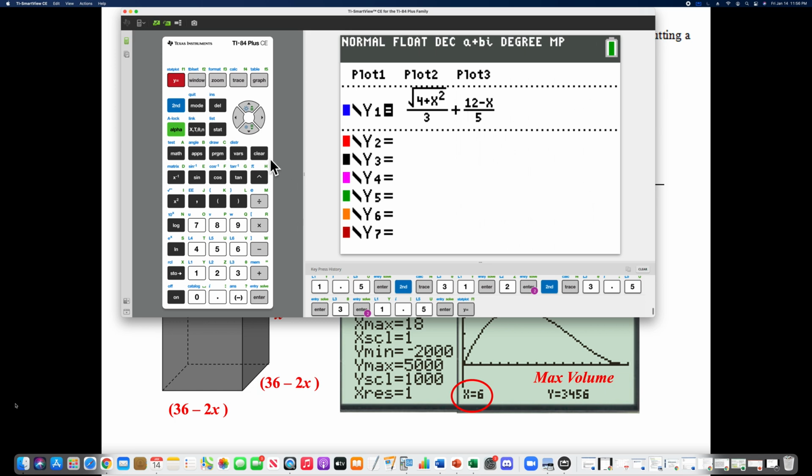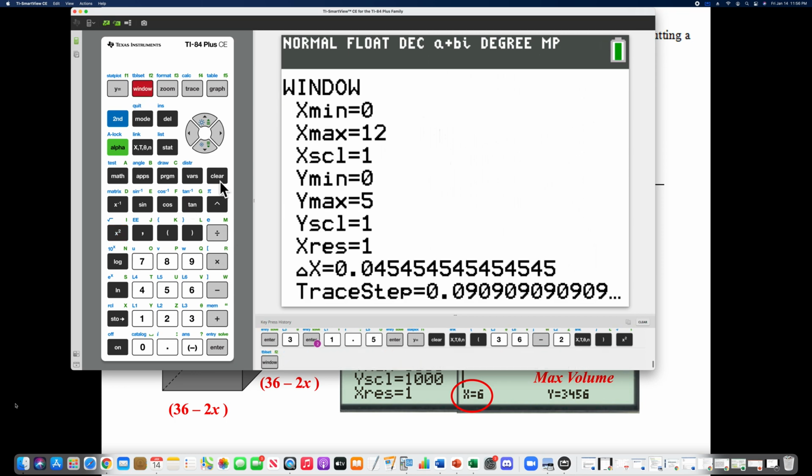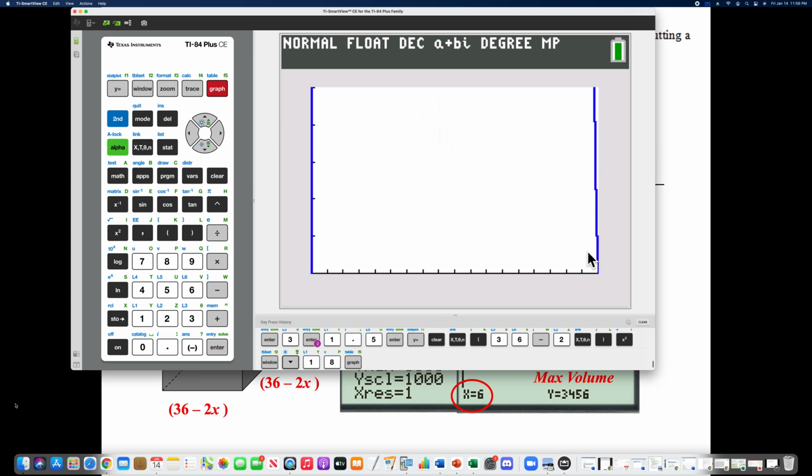So y equals, let's clear that out. We said x times the binomial 36 minus 2x, and we were going to square that. So this is in theory what I did. I went to window and I changed my x max from the last problem from 12 to 18, and I graphed it, and I can clearly see I am way off the screen up here.